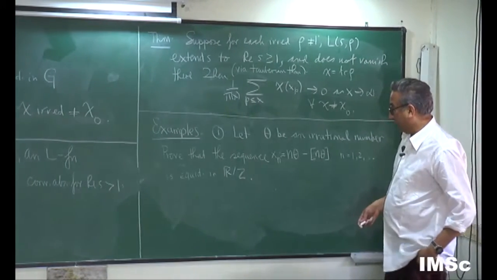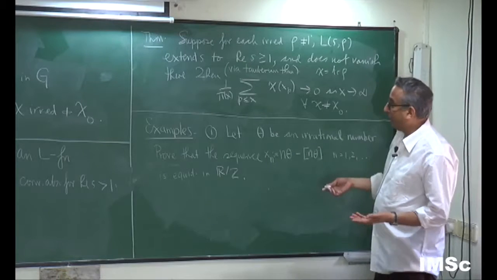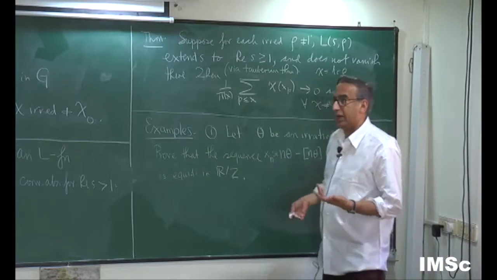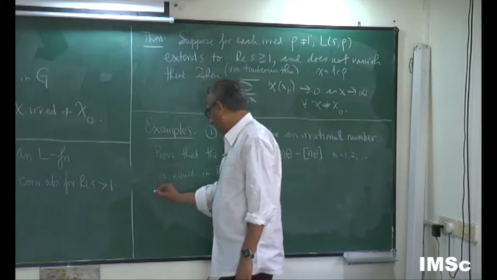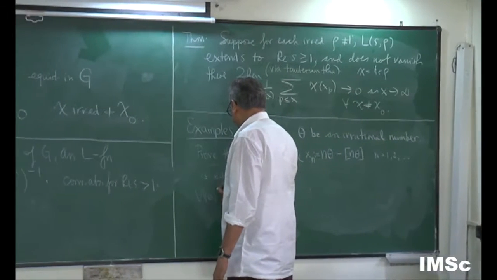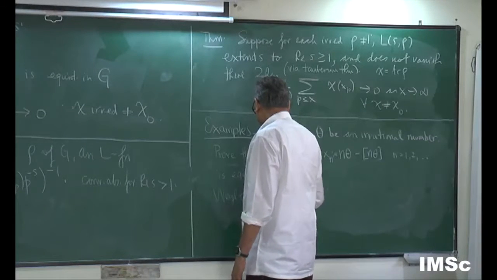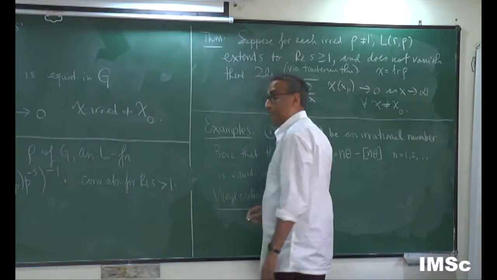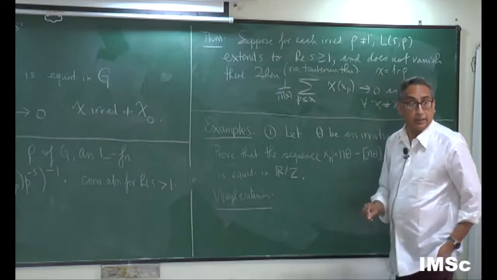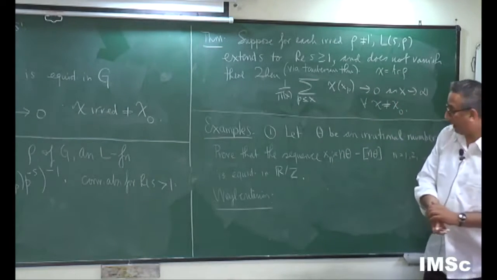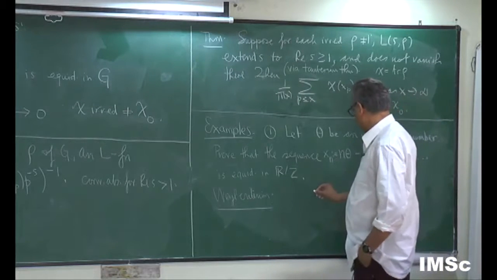Okay, so we have several ways of approaching this. We can first start with the Weyl criterion. So apply the Weyl criterion. Try and see, can I get my hands on whether it is equidistributed or not? Now, if it's equidistributed, what do we have to check?